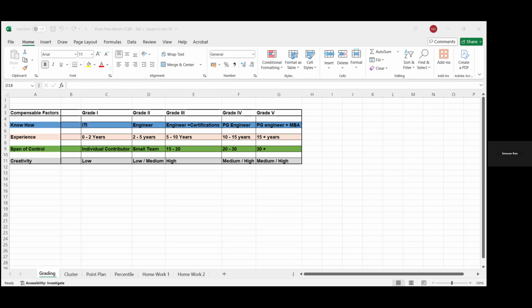But when you become a director of safety for a project, where you have to run the safety strategy and talk to your clients, the skill required at that level is very different. Here you're also doing budgetary control of 3 or 4 projects together. So in that sense, that becomes a compensable factor, right?